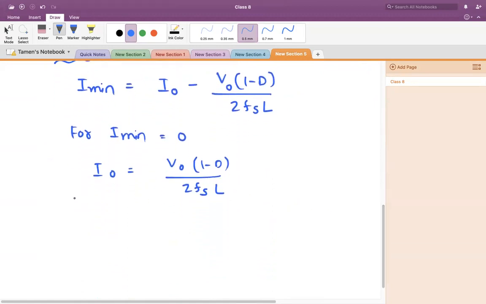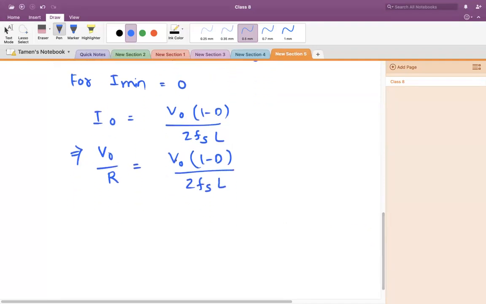Okay. So now, what is I naught? I naught equal to V naught by R equal to V naught 1 minus D by 2 of Fs into L. This V naught and this V naught will be cancelled.